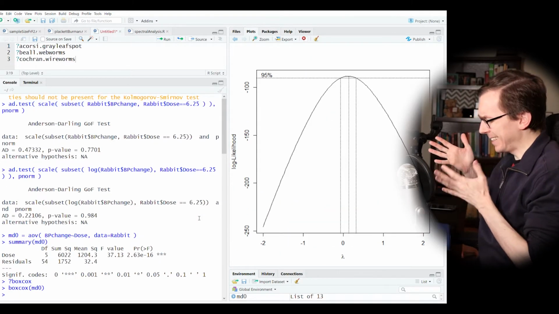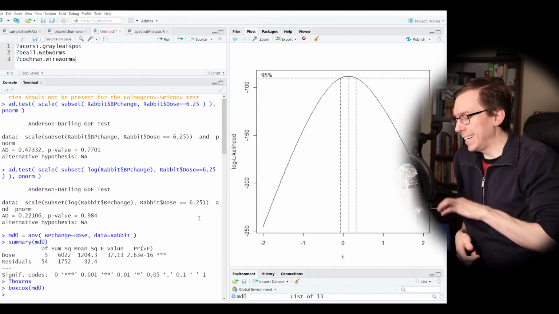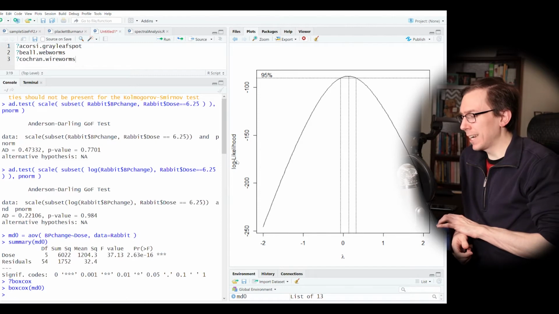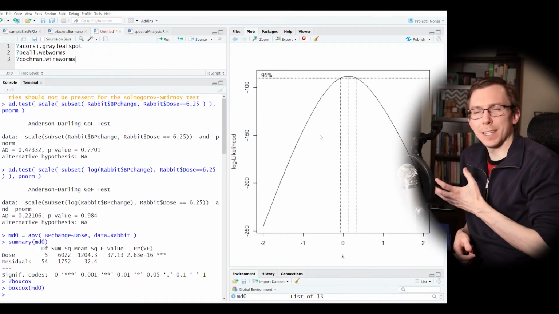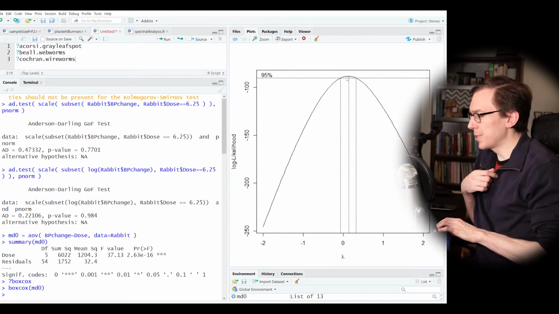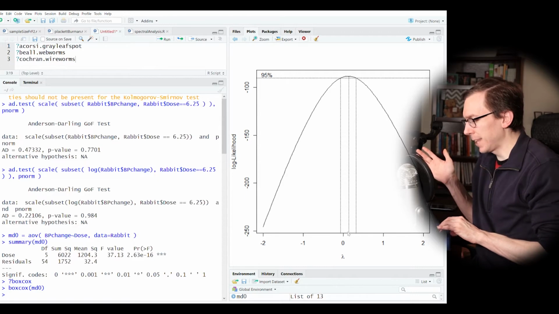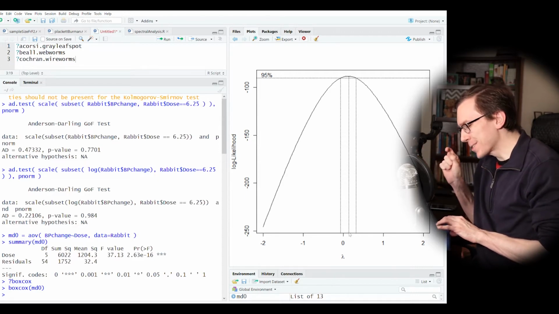We get a parabola. What's happening here is it's actually computing a log likelihood, and it's finding the maximum likelihood estimator for lambda, and giving it to us in a plot. If we look closely, it's saying two things. One is that it found a maximum likelihood estimator for lambda, a power that's ever so slightly bigger than 0.